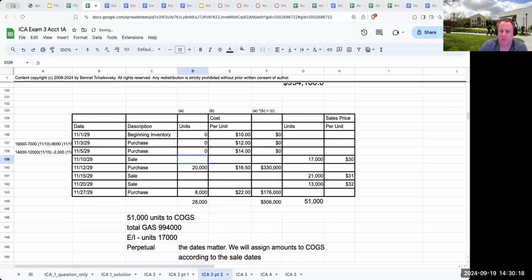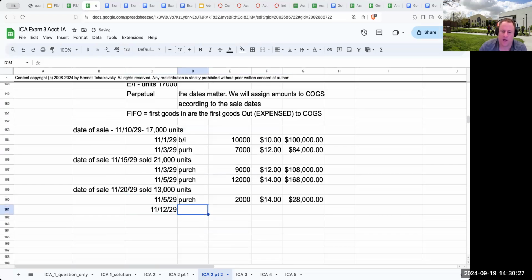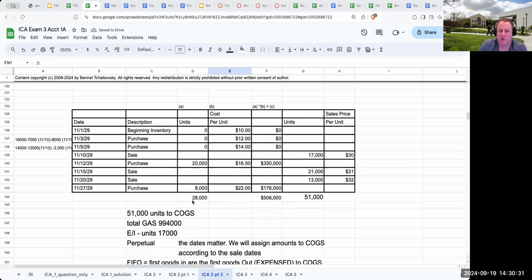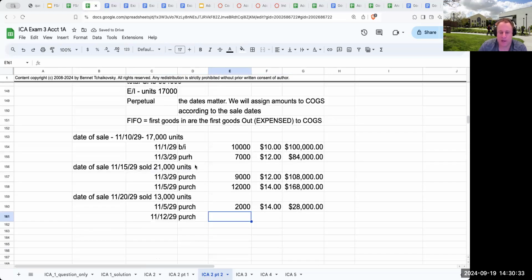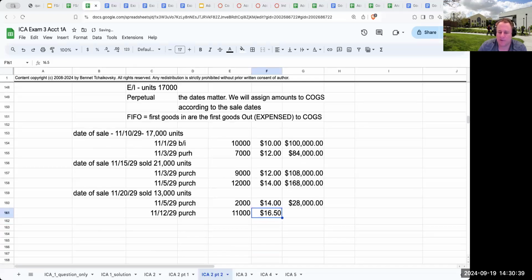This isn't enough. I went over here. What's my next purchase? Oh, it's over here on 11/12. 11/12/29. My purchase over here. I don't need all 20,000 units. I just need another 11,000 units. Over here, this is going to be 11,000 units at 1650.